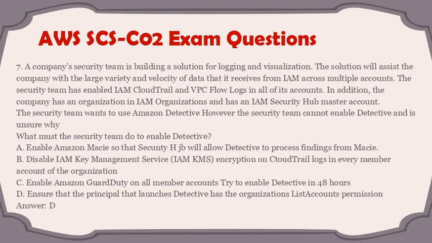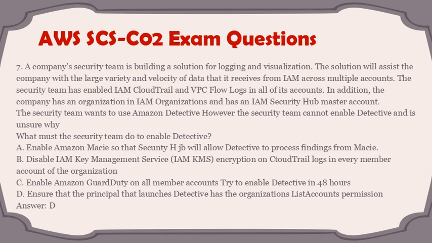7. A company's security team is building a solution for logging and visualization. The solution will assist the company with the large variety and velocity of data that it receives from AWS across multiple accounts. The security team has enabled AWS CloudTrail and VPC flow logs in all of its accounts.